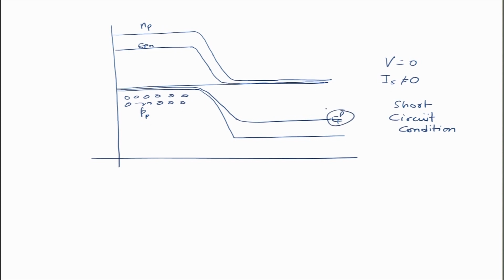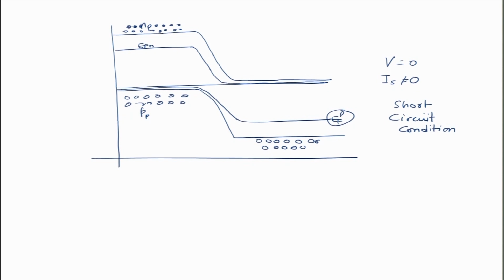This is the Fermi level corresponding to holes on the N side, because on this side the hole concentration also will increase, okay. So this increase in the hole concentration on the P side and N side, and this increase in the electron concentration on the N side, leads to a raising of the quasi Fermi levels corresponding to electrons and holes closer to the conduction and valence band.